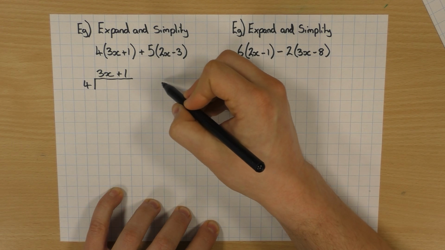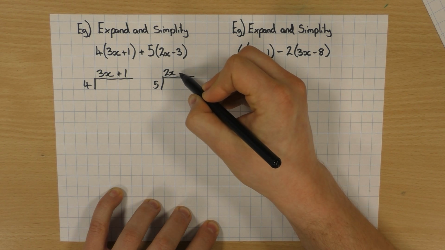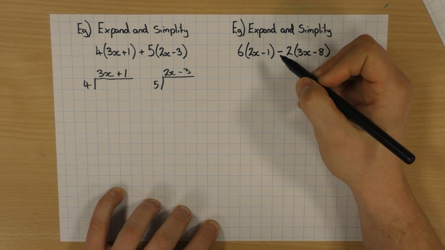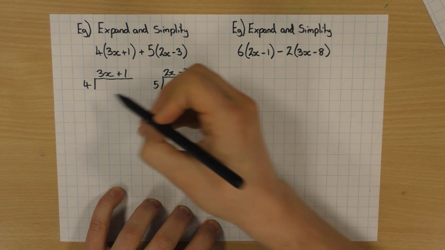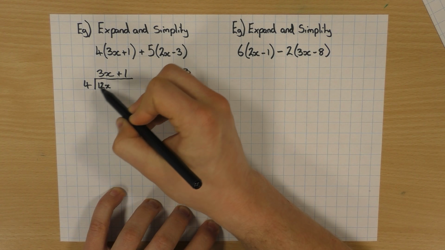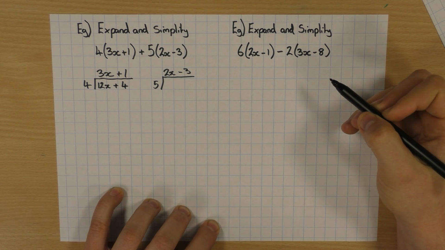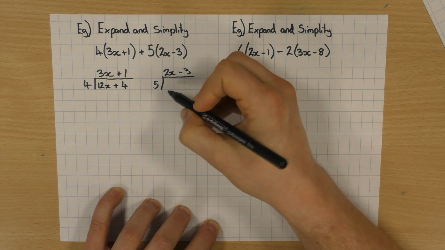And I'll write it out now. 5 and 2x minus 3. So we're going to expand both of those first. So 4 times 3x is 12x. 4 times 1 is 4. So 12x plus 4.